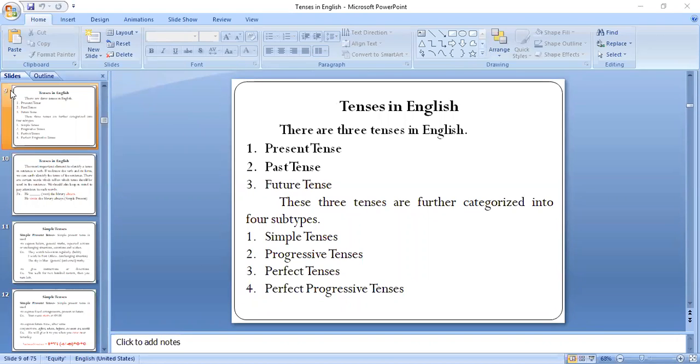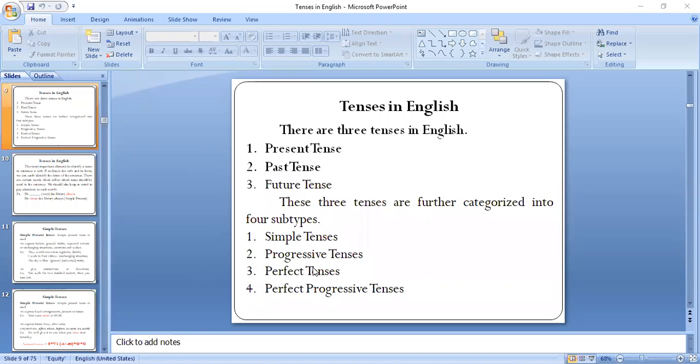These three tenses have subtypes: simple tenses, continuous or progressive tenses, perfect tenses, and the fourth one, perfect progressive tenses.